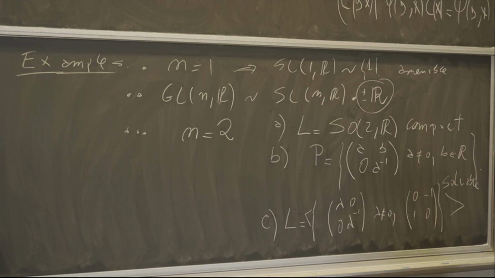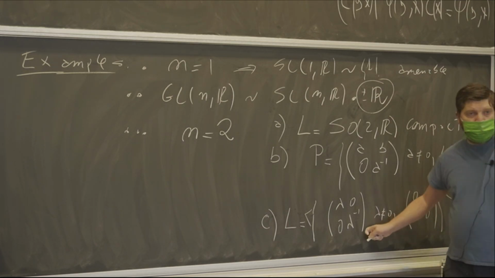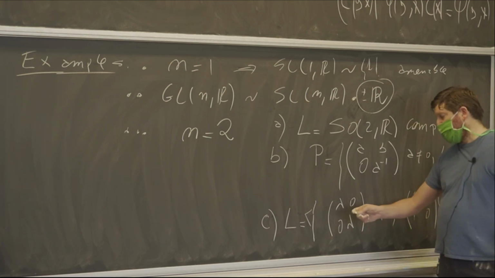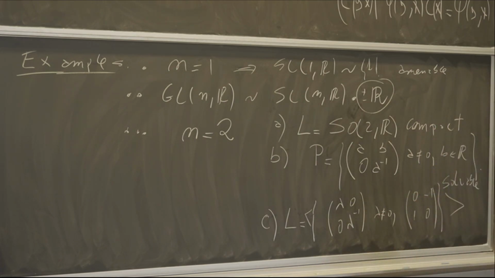And this group is amenable because it's a two-point extension of an abelian group. So it's a C2 extension, or C4 because it has order 4, but anyway. It's a finite extension of an abelian, and so it's as solvable as the previous one, even though it doesn't look like the previous one. It's still amenable, and it's closed.